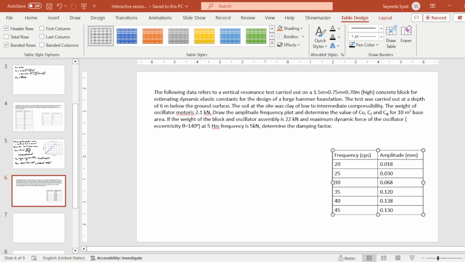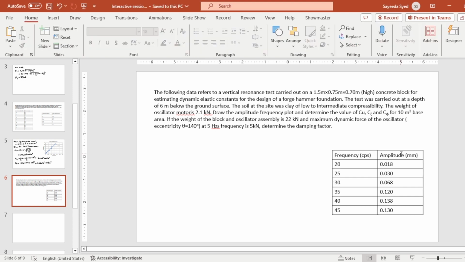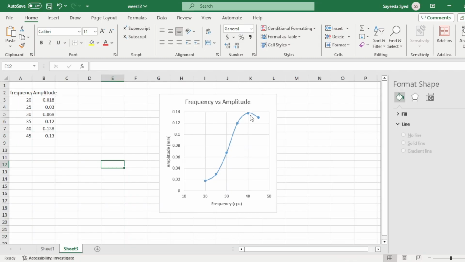Now we have to determine Cu, C tau and C phi. Let's do that. From this plot we can see the natural frequency.